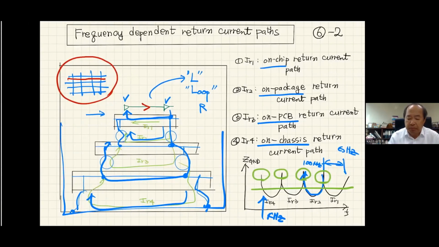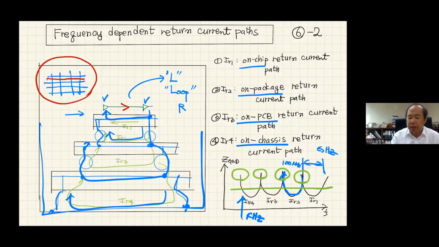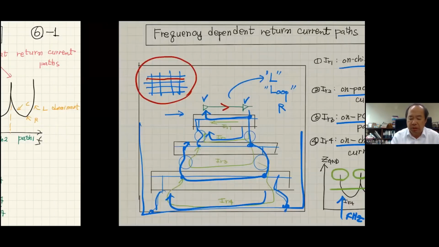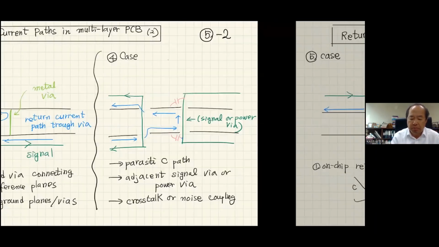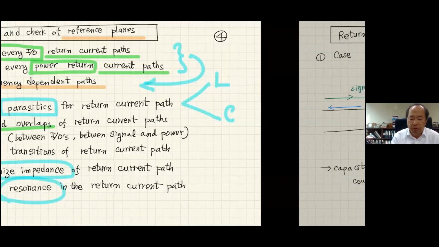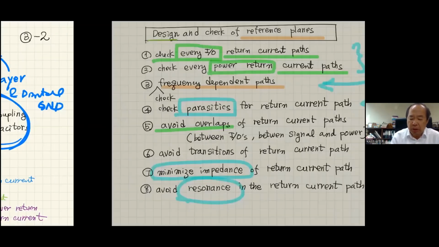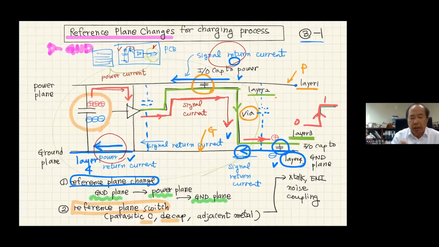This is the end of my class right now. I will continue this specific subject in more detail on Wednesday's class, probably after the final exam. I would like to say one thing again: when return current is disconnected, they have to be able to switch the return current path.